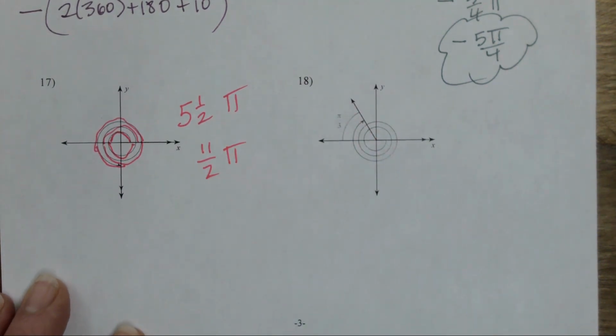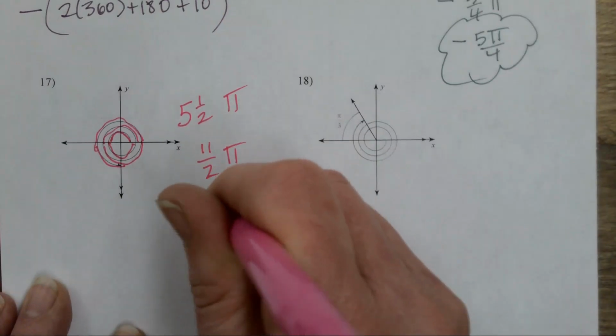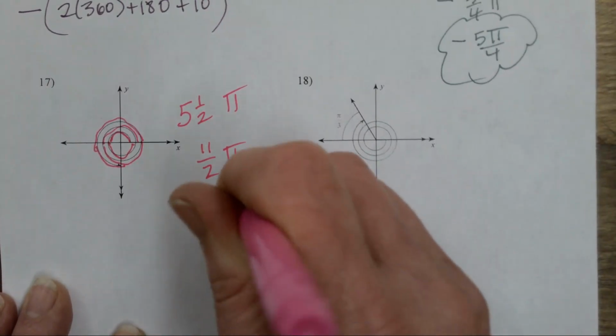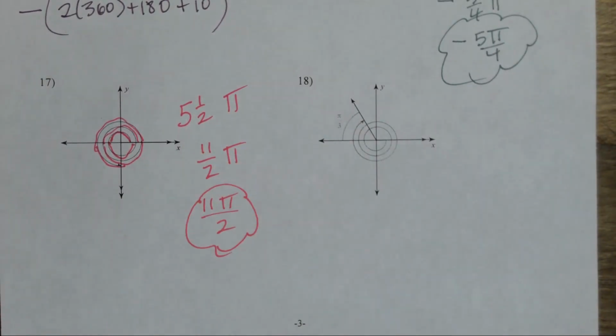Or in pre-calc and trig, we write it as 11 pi over 2. Do you see what I mean by easier to count? Instead of having to do 180 plus 180 plus 180 and function in my calculator, all I had to do was count. 1, 2, 3, 4. Count my pi's, and it makes it kind of nice.